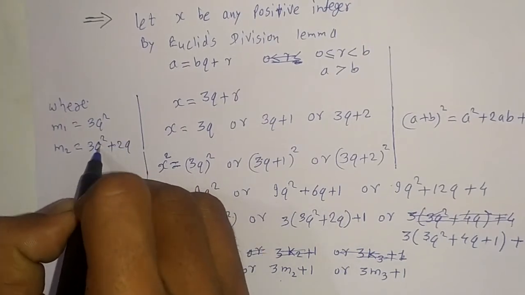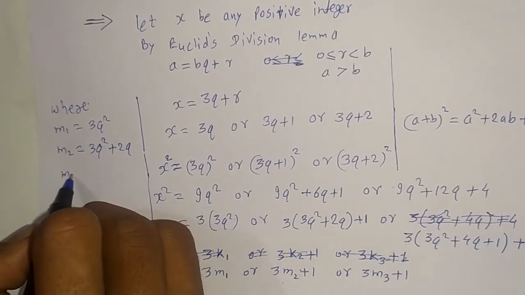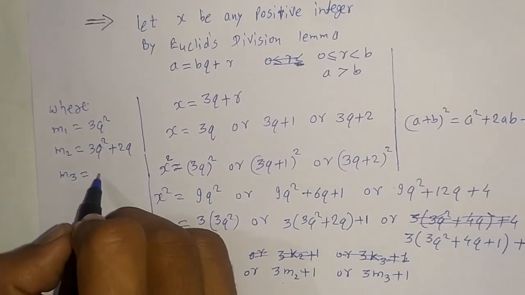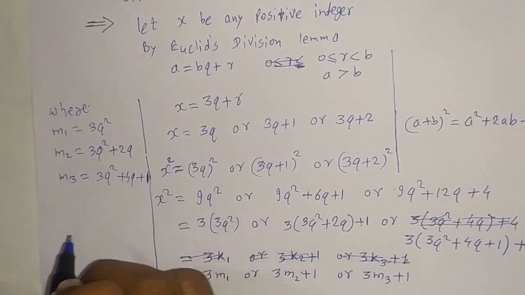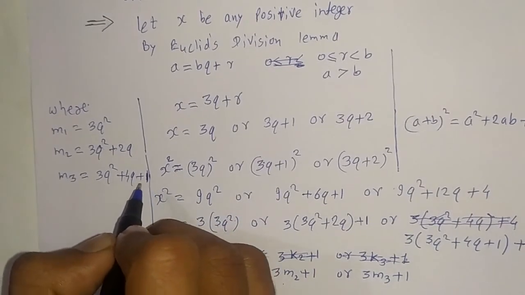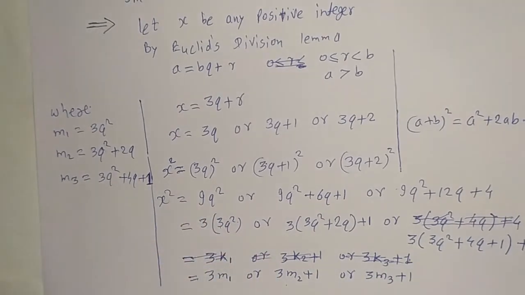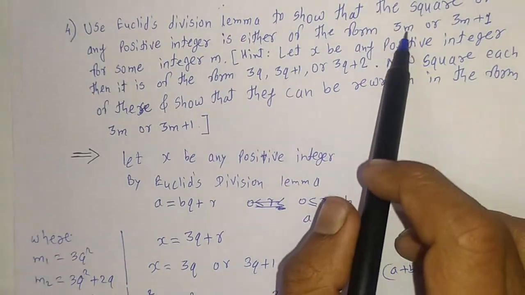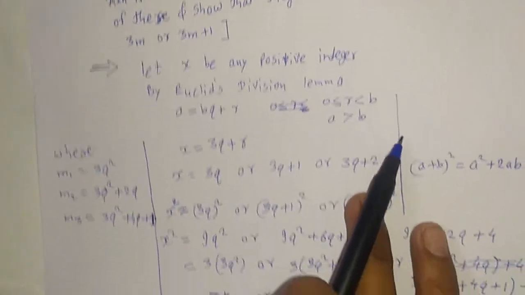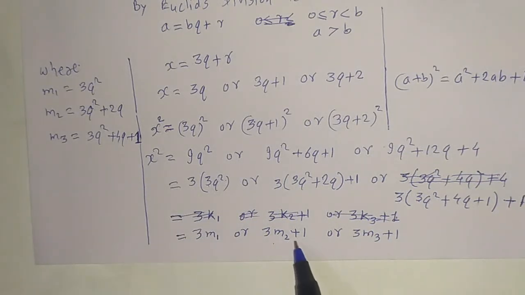You have to write in detail, then only the examiner will know what are the values of m1, m2 and m3: 3q square plus 4q plus 1. Now replace m1, m2, m3 by the generalized form which is asked in our example, which is 3m or 3m plus 1. Because here you can see easily these two forms are equal. Only thing changed here is m2 or m3. Okay.